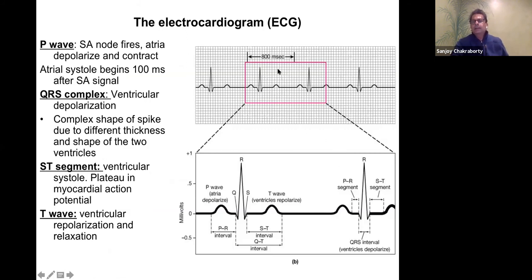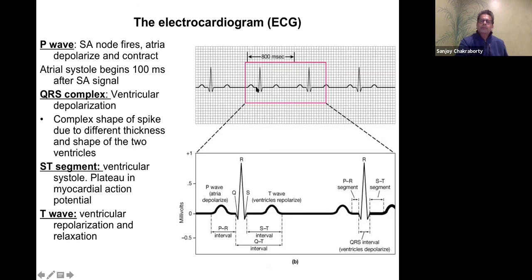So 800 milliseconds is between two heartbeats. So one heartbeat right here, and the second heartbeat will be the beginning of the next cycle or the next ECG. So the heart is pausing right here. So 225 milliseconds, and then approximately close to 600 milliseconds, the heart is relaxing once the ventricular systole is over. And that's why there is a pause line right there in the EKG graph.